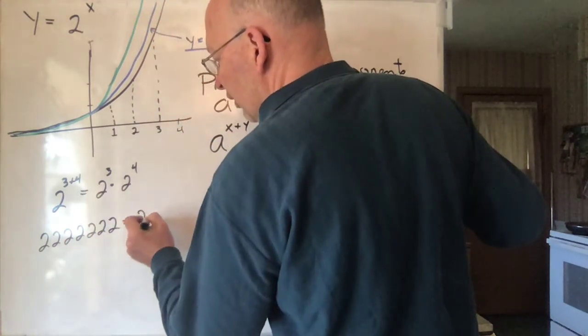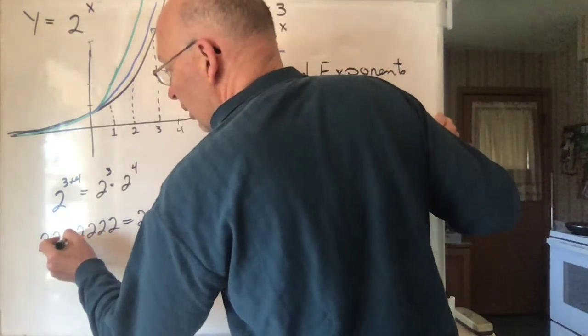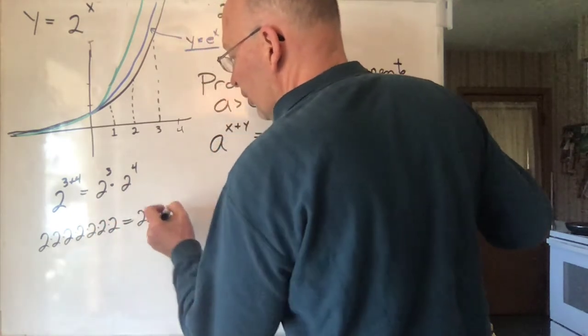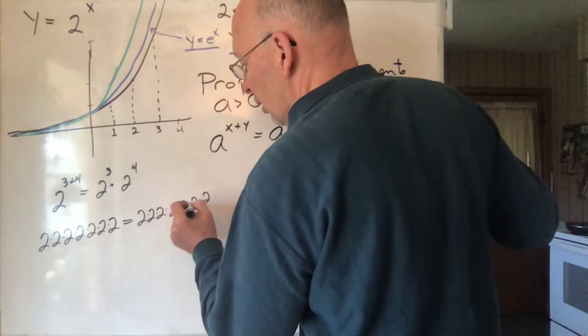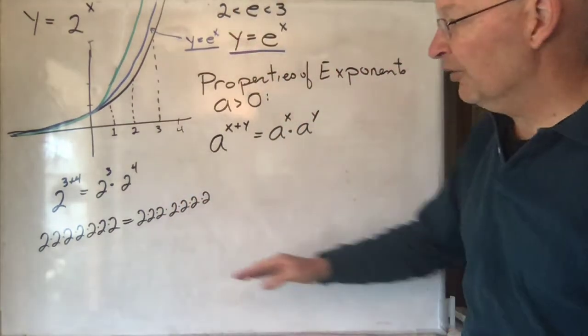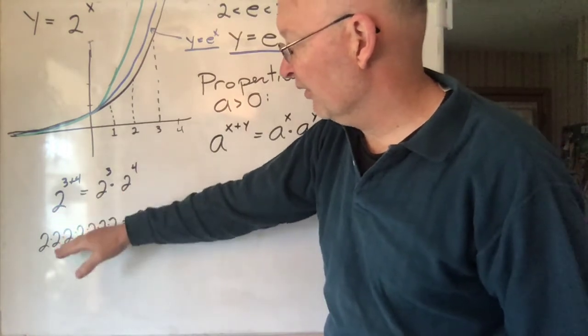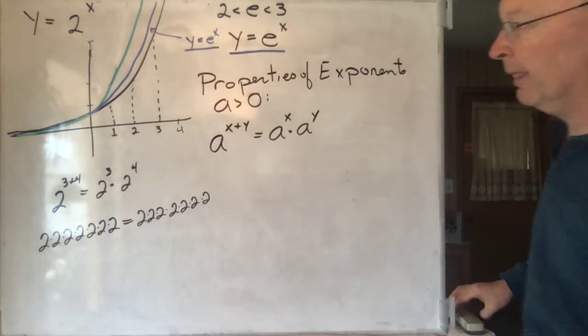And 2 to the 3rd means 2 times 2 times 2. These are all being multiplied. And this one is also being multiplied. And so you see, since everything's being multiplied that makes sense. 2 to the 7th is 2 to the 3rd times 2 to the 4th. So this is just saying the same thing.